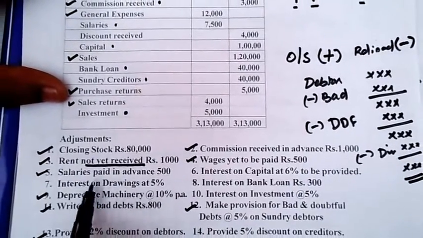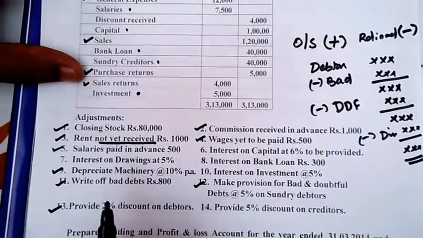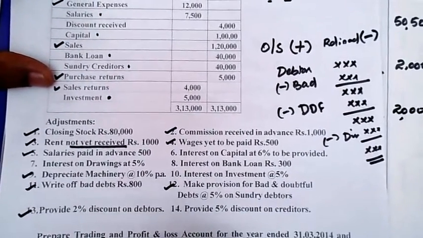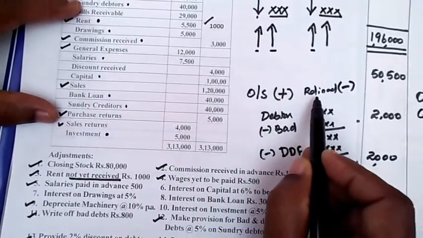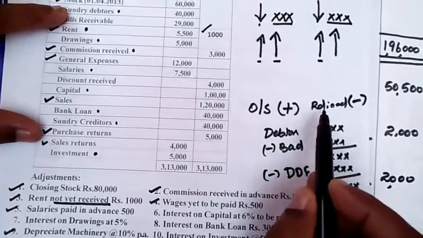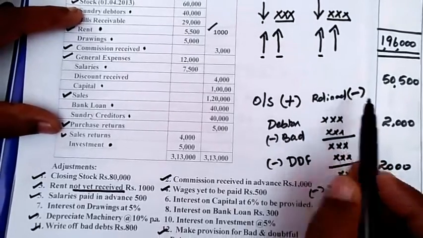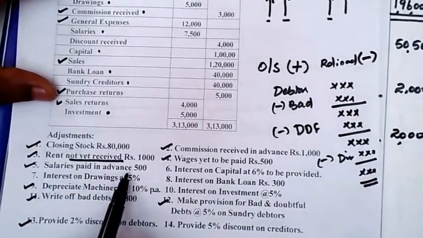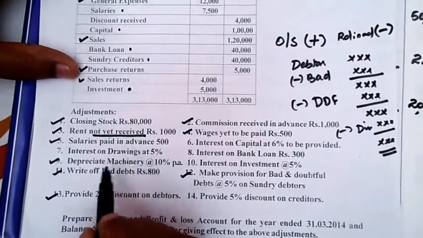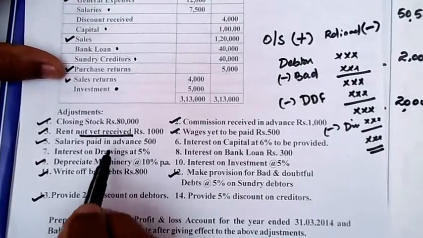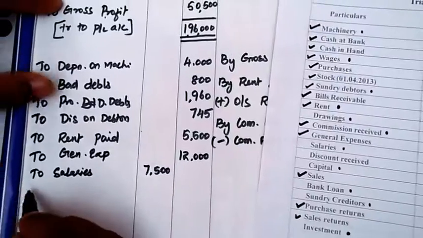Any amount paid in advance or received in advance, prepaid or pre-received, should be subtracted. Outstanding means add. Here salary paid in advance, you need to subtract this amount from salaries. Why? Because this amount is paid in advance, which is not related to the current year, which is related to next year. So you need to subtract this amount from salaries.